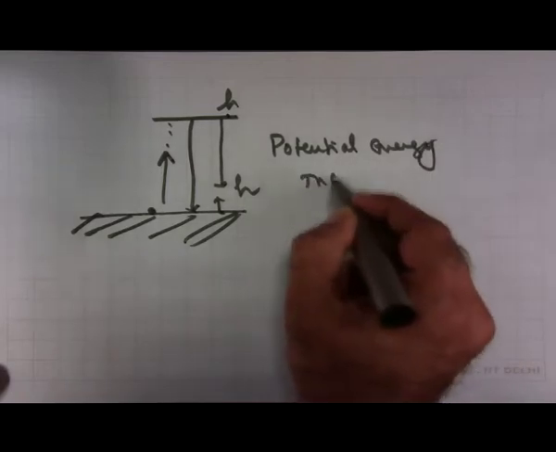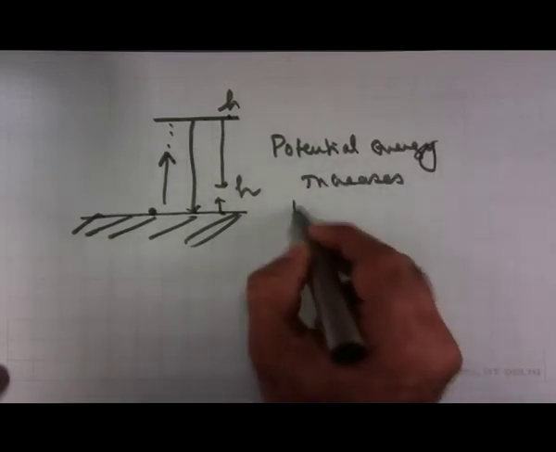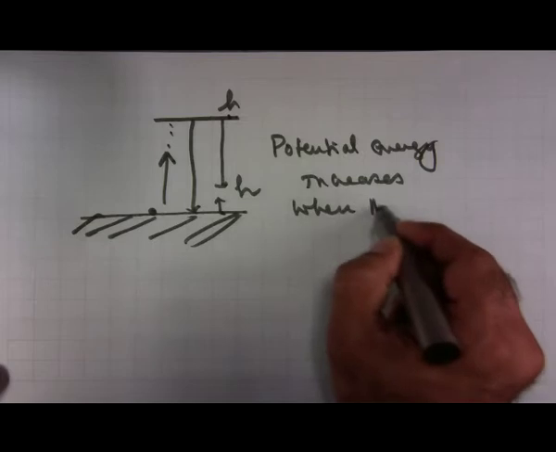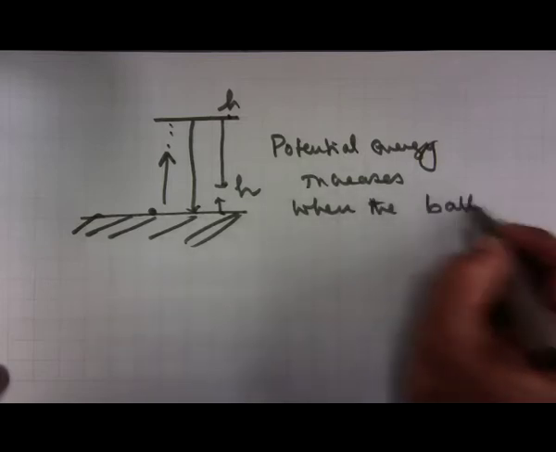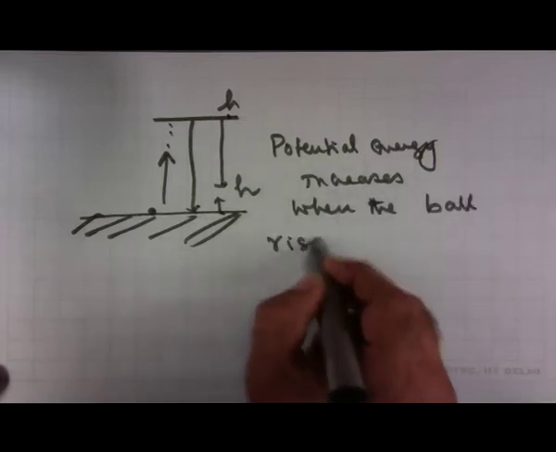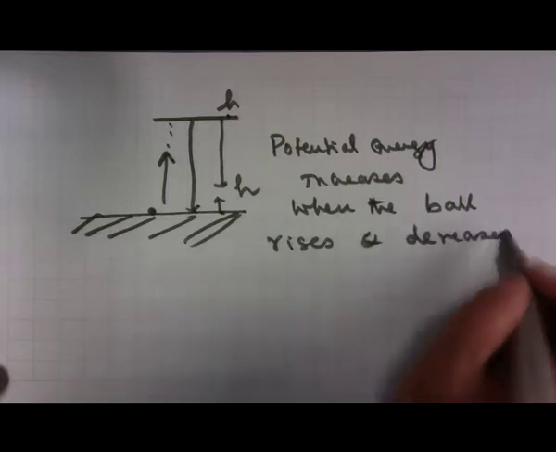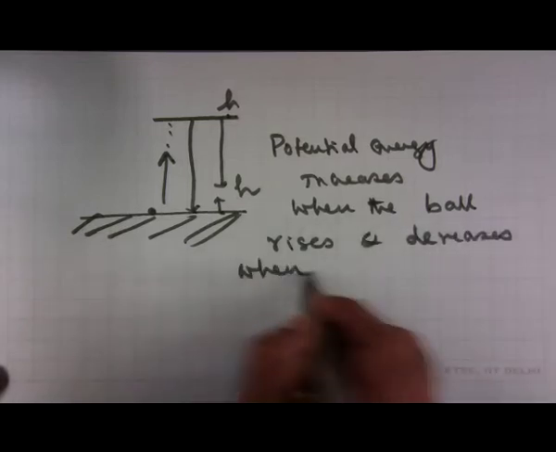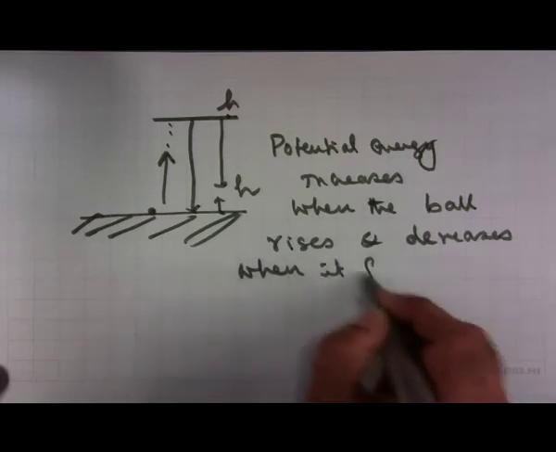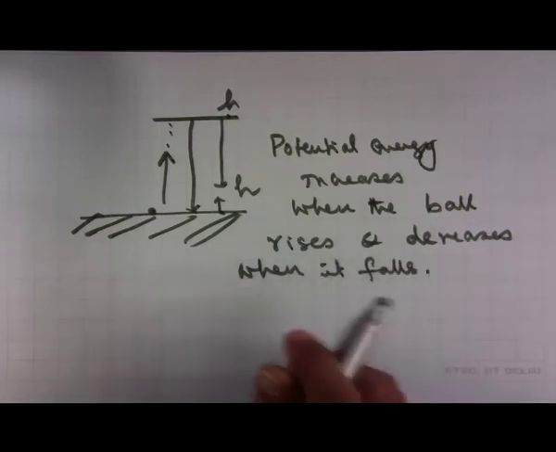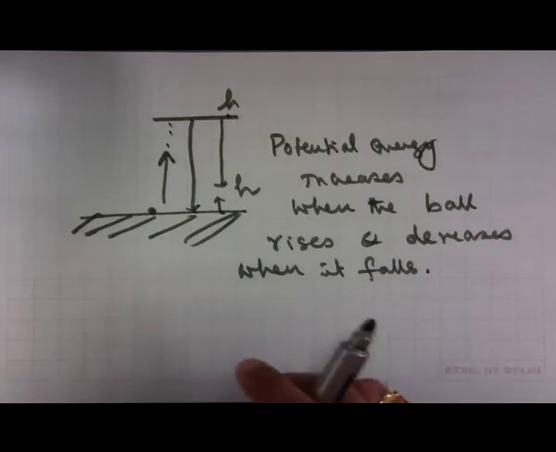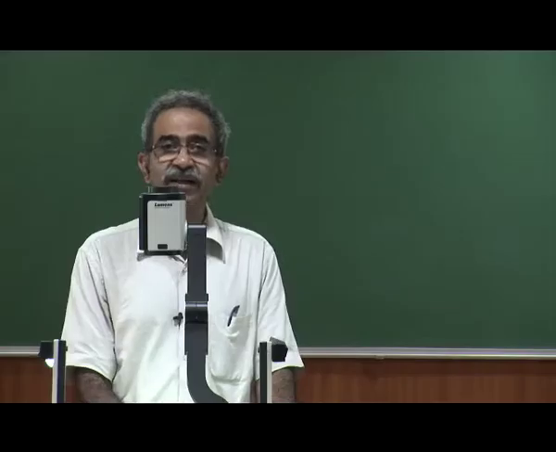increases when the ball rises, and decreases when it falls. So potential means it is not visible, but it is hidden inside.